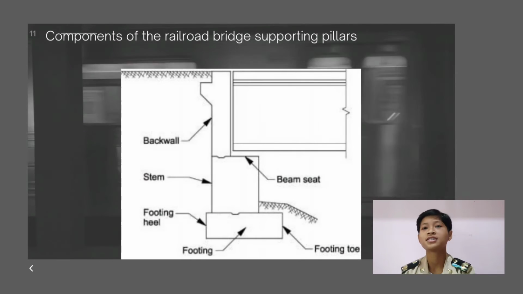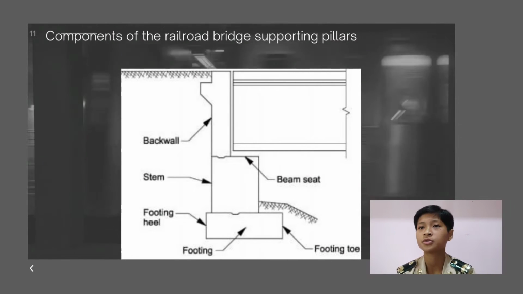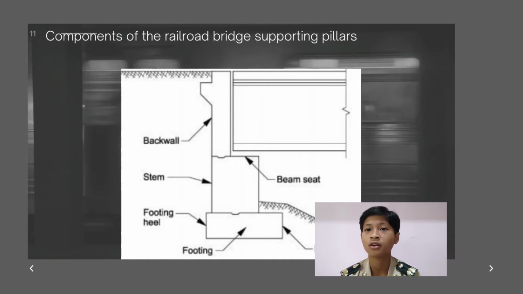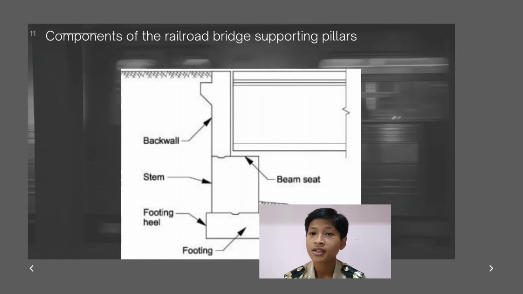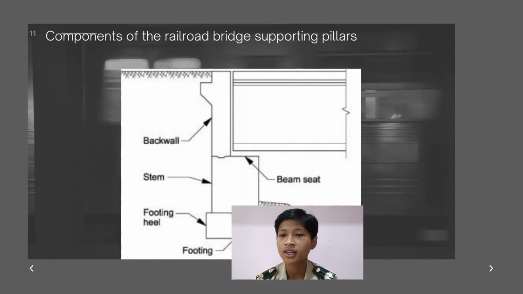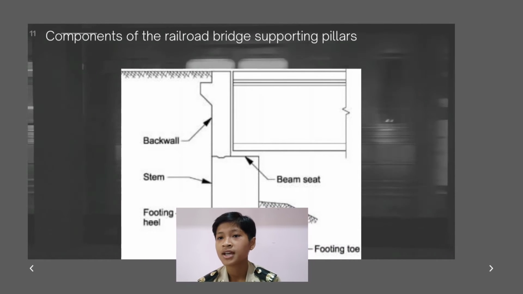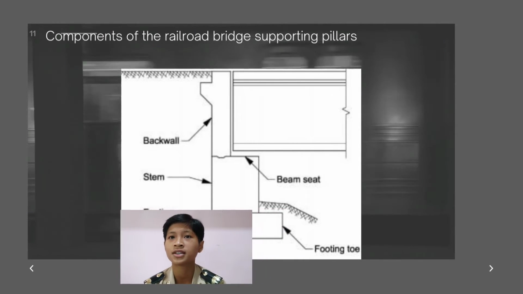And thus these are the components of the railroad bridge abutment: the back wall, then the stem, the third is the footing heels, next is the footing toe, and the last is the beam seat.